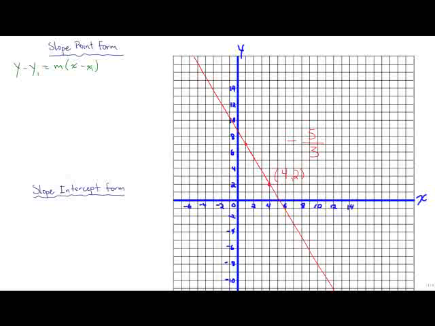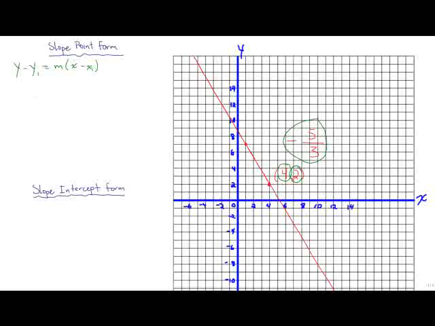So by now we're familiar with the slope point form equation: y minus y1 equals m times x minus x1. So now we're just going to simply substitute our y coordinate, which is 2, for our y1, and our x coordinate, which is 4, for our x1, and -5/3 we will substitute for m, representing slope.